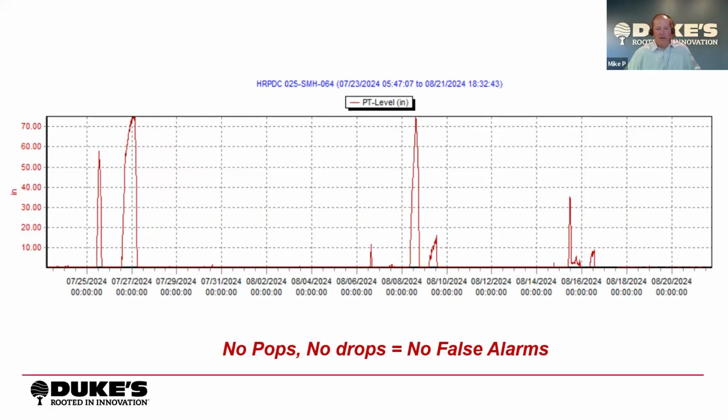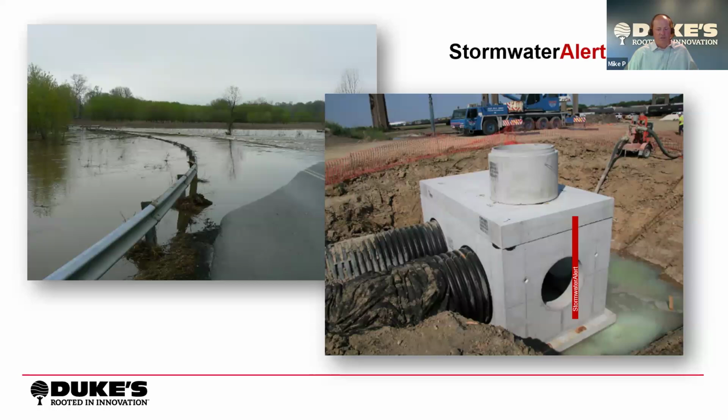Reliability is everything. No pops, no drops. And just to throw it out there on that Sewer Alert, Stormwater Alert, that's my homemade graphic over there on the right. But stormwater is a growing sector of water and sewer, and so this service can certainly be applied in that area.